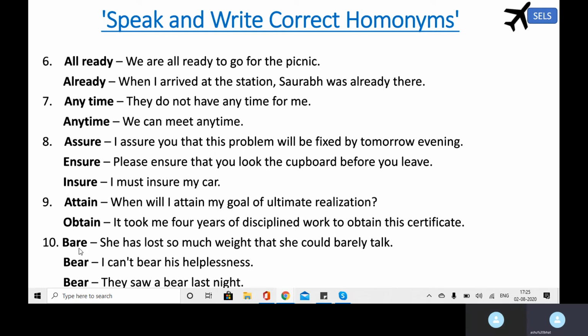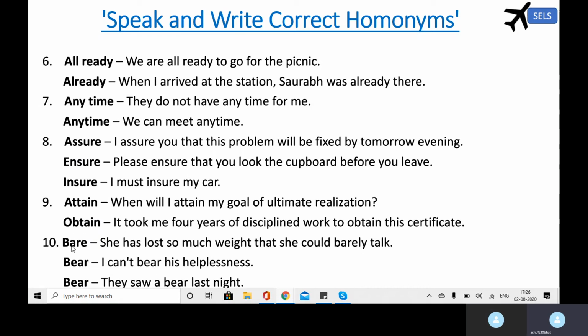And bear, bear, and bear. One bear is an animal, another one is to bear someone's loss, or basically the synonym of bear would be, in this case, where you are tolerating the helplessness due to lack of job, or helplessness due to lack of health, or whatever.